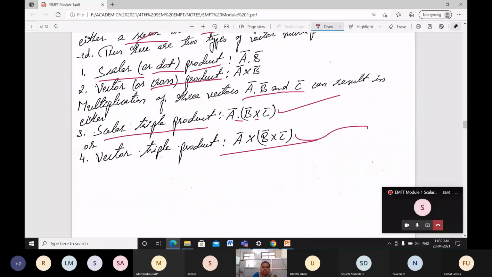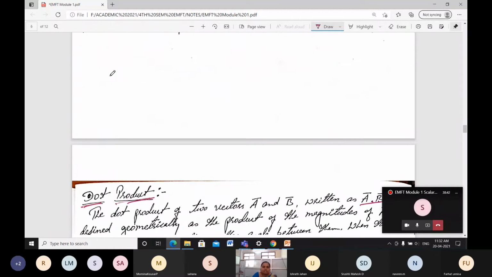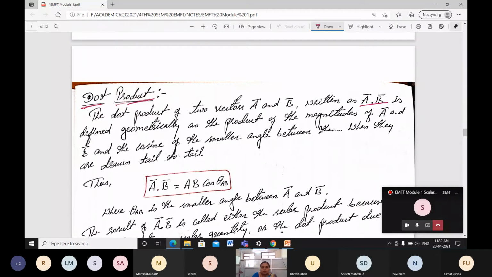A scalar quantity has only magnitude. If the quantities, vector A and B, have only magnitude, then I can use my dot product. That's what it means. And the cosine of the smaller angle between them when they are drawn by the tail to tail method here.